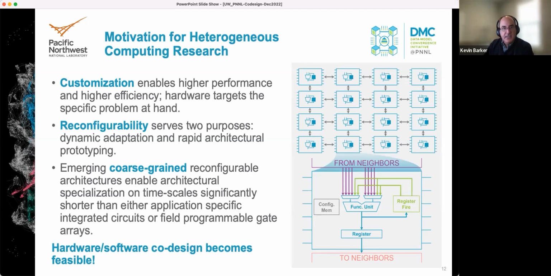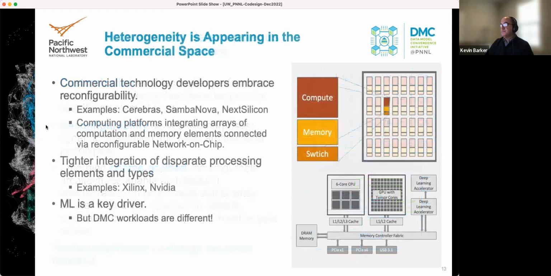And so I think this is an exciting time to be doing hardware research and hardware motivated research, even at the national labs where normally we were on the outside looking into industry. But now we're working much more in conjunction with industry, and industry is recognizing that we have unique problems that perhaps hardware that they're developing for commercial reasons doesn't address very cleanly. So I think this is actually a great time to be doing heterogeneous computing research.